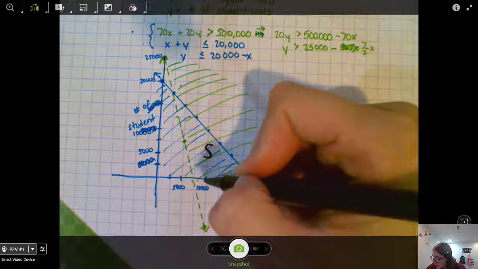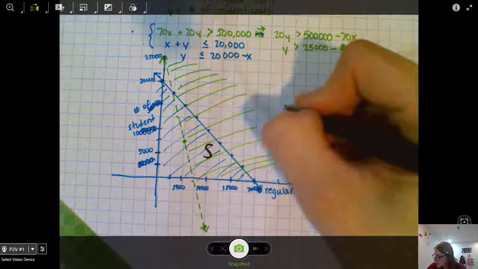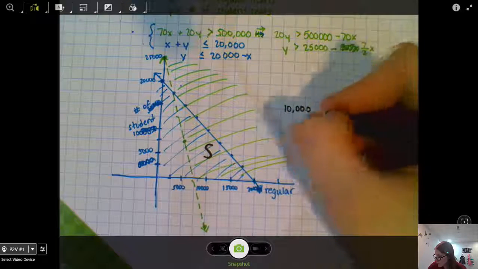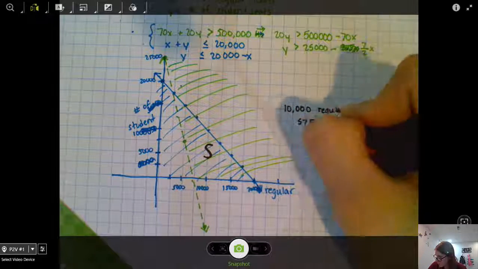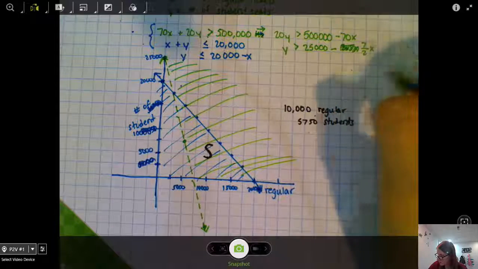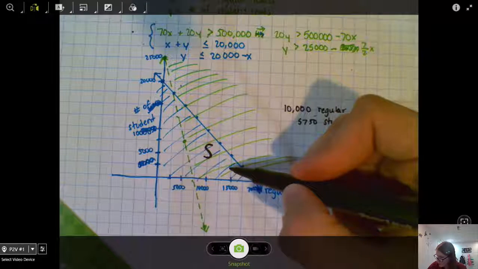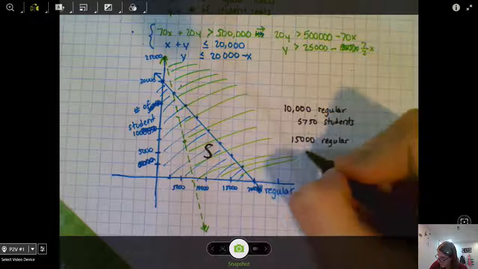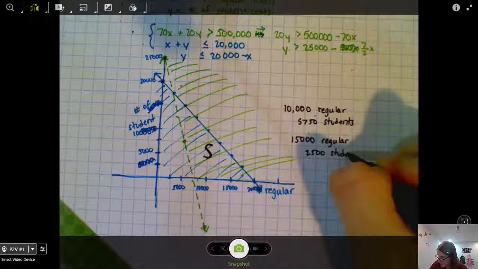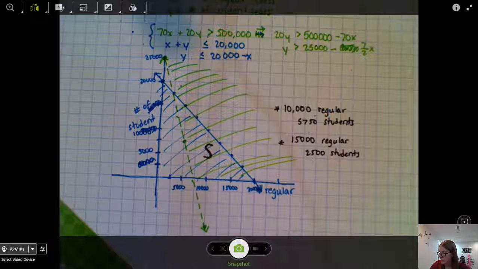We could have 10,000 regular tickets and 7,550 students. We could have 15,000 regular and 2,500 students. Okay. And again, there are a lot of other combinations that we can't see, but here are just a couple of our examples that would work.